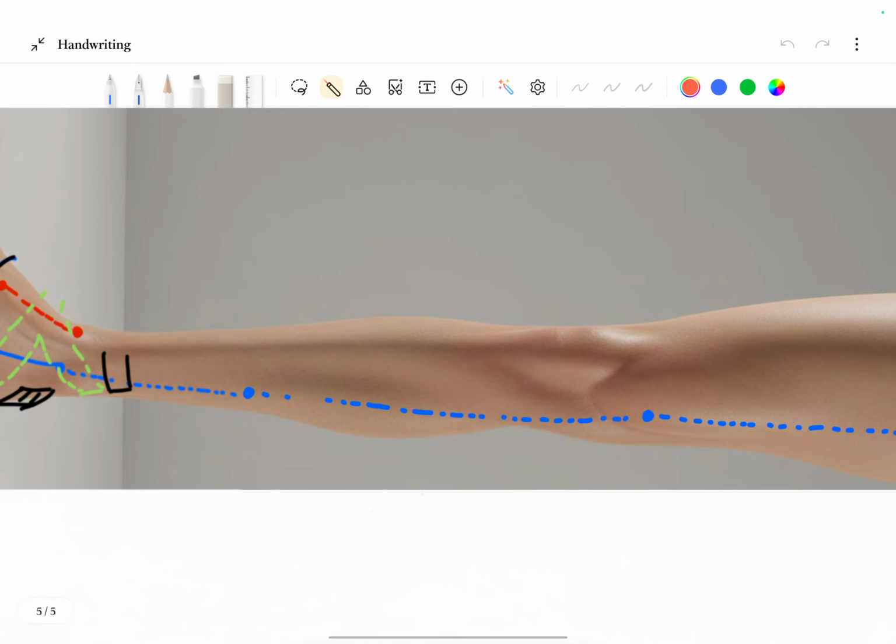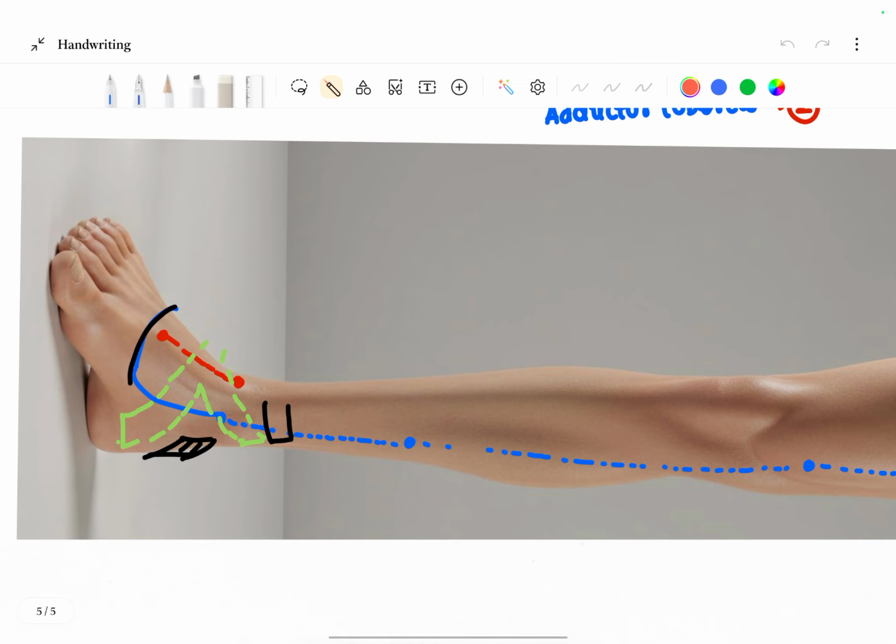In the surface landmarks of the lower limb, the veins are the most important, so first let us discuss the veins. As you see here, at the base of the metatarsal, if we draw a line, it will be the dorsal venous arch. The first point is the medial angle of the dorsal venous arch. The second point you draw is at the anterior surface of the medial malleolus.